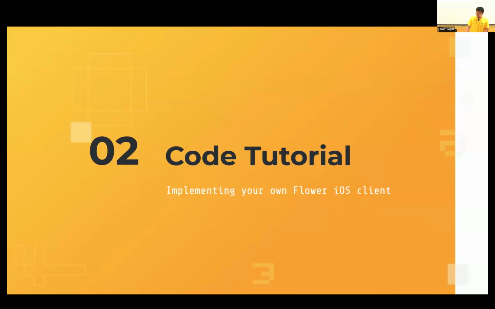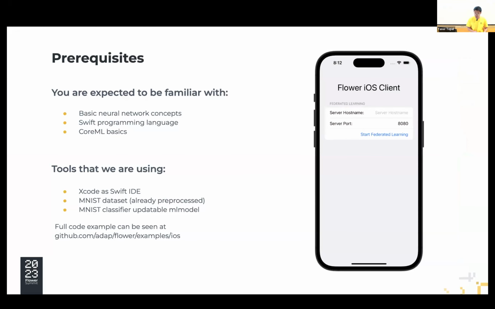So let's jump right into the code tutorial. I will show you how to use the new Flower iOS SDK. Due to time reasons, I will give some restrictions to the tutorial. For example, we will focus only on how to federate your machine learning processes.